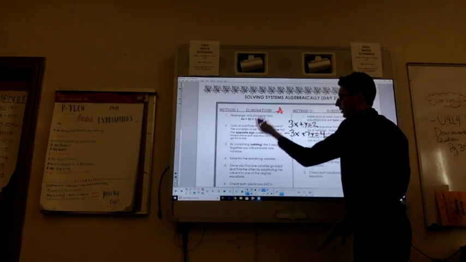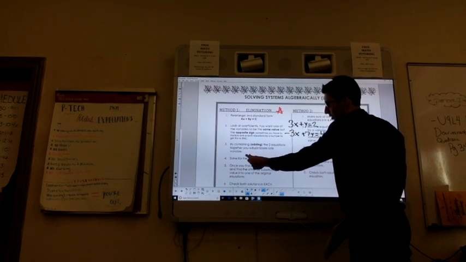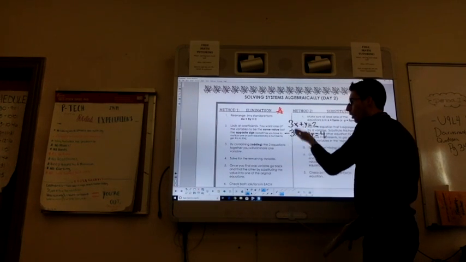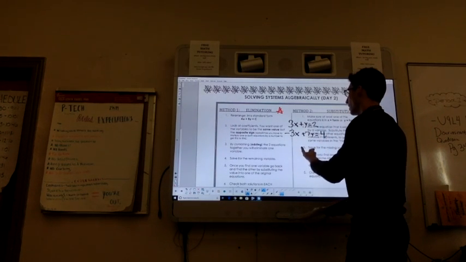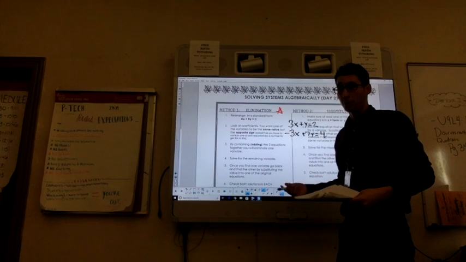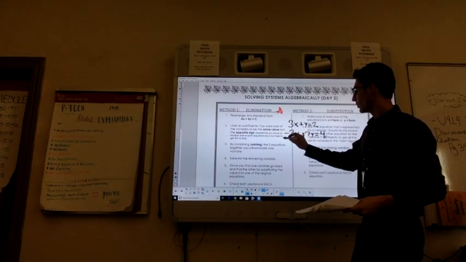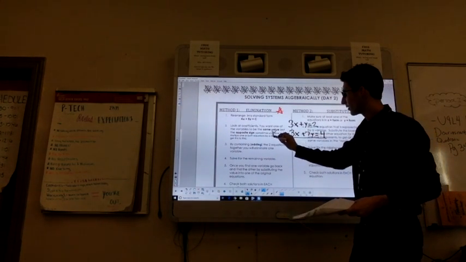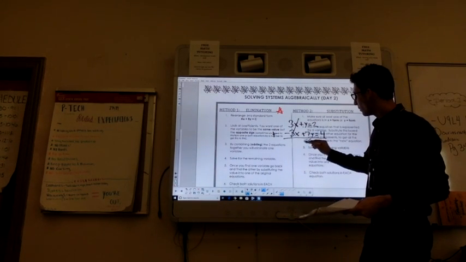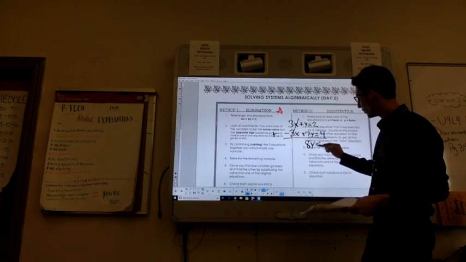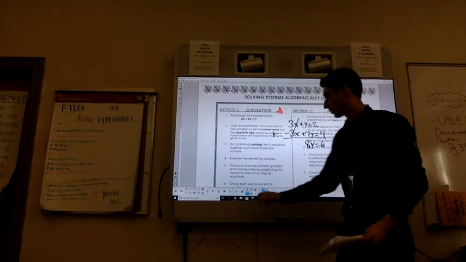Step 3, we add the two equations together to eliminate one of the variables, because right now we have two unknown variables. We're not going to be able to solve anything if they're both unknown. If I added these two together, my x's would cancel out, and then I would be able to solve for y. 8y equals 6 in this case, okay?